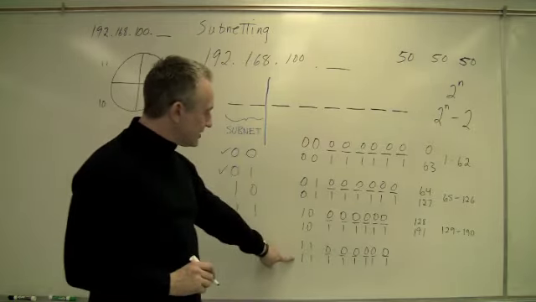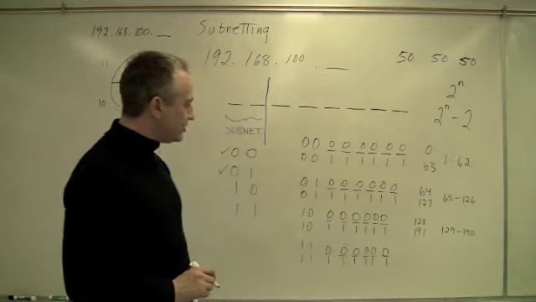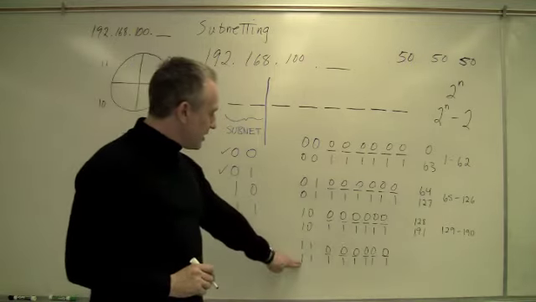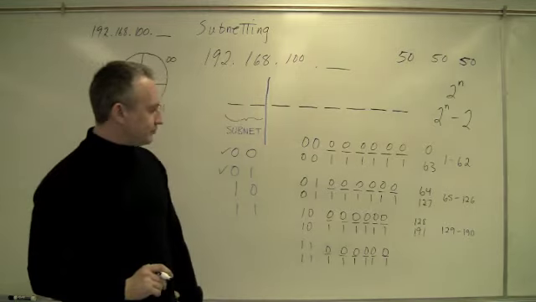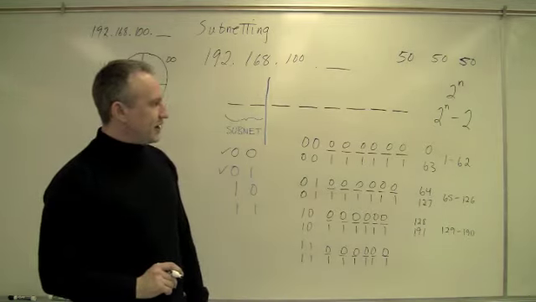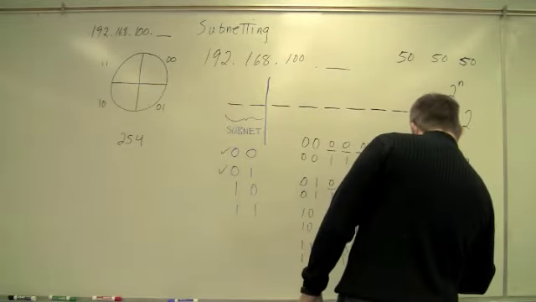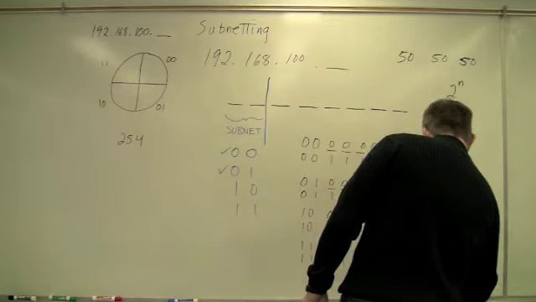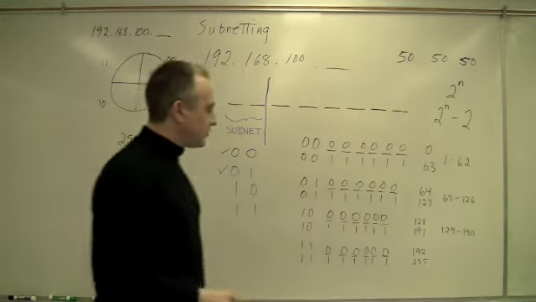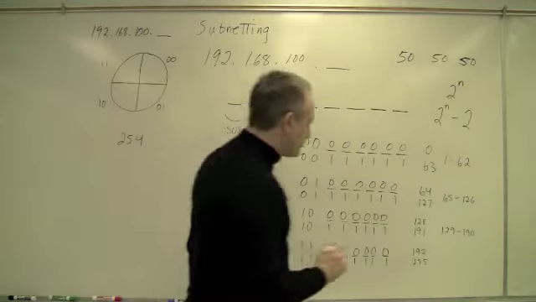Likewise down here, our last one, 11000000 is 192 in decimal. All 8 bits set to 1 is 255. And so then 193 to 254 is my range of usable addresses.